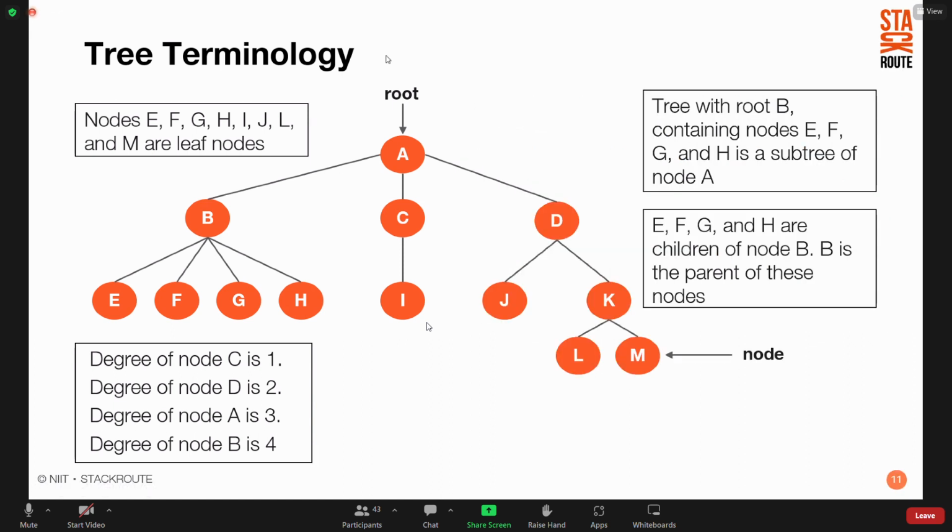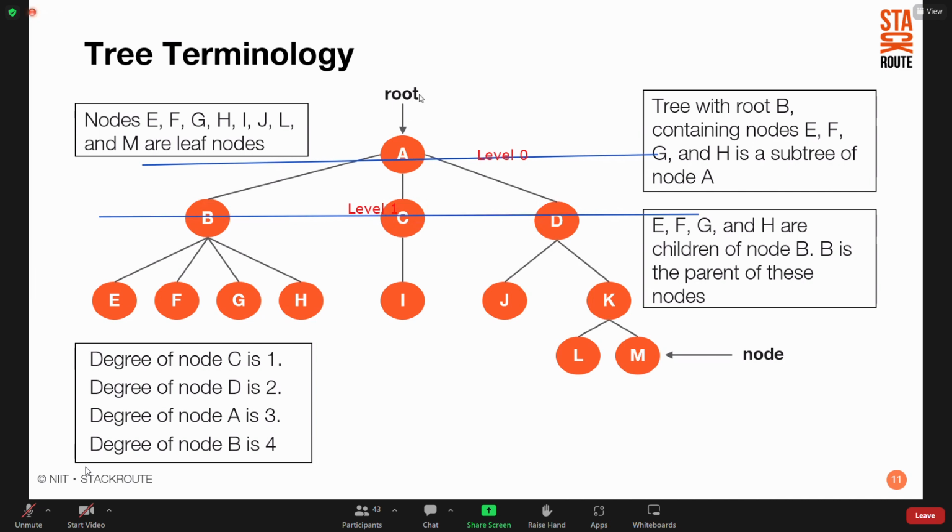So this A will be holding the 0th level, level 0. And the next immediate children, B, C, D, are holding level 1.